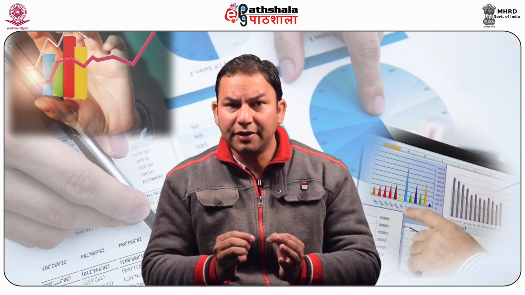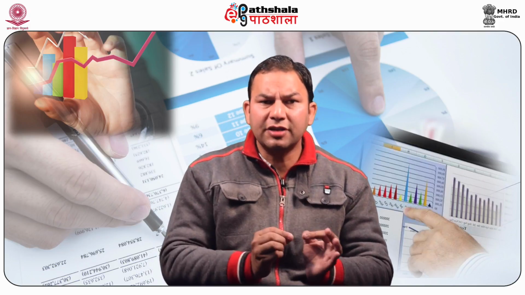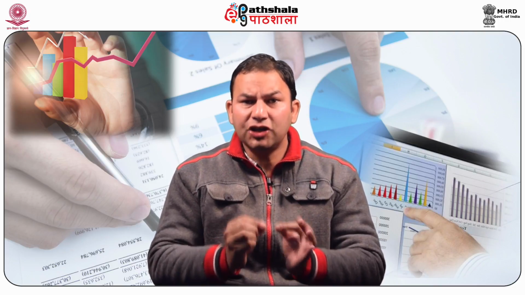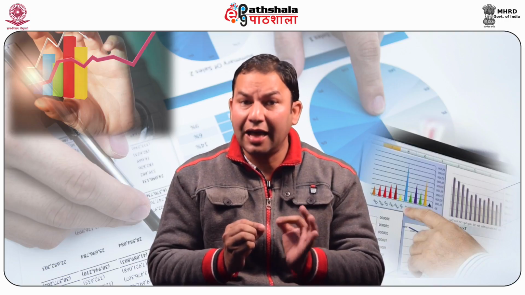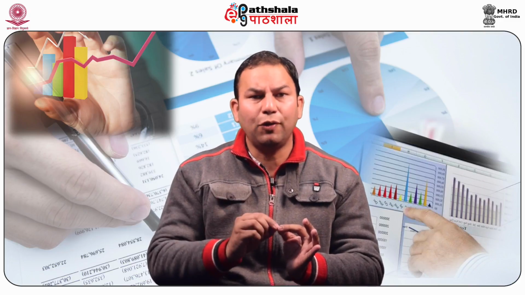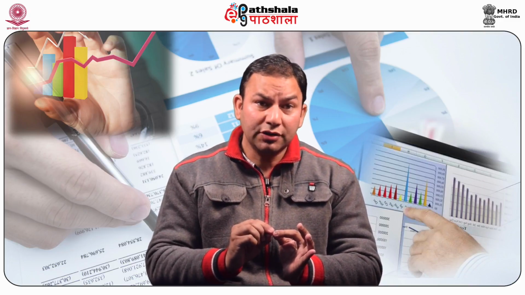Effect of LIFO method on balance sheet and income statement. These effects can be divided into two parts. In normal circumstances, when this method is used, balance sheet shows a distorted picture since the inventory at the end is shown at old cost. But in case of fluctuation in prices, there can be two situations.